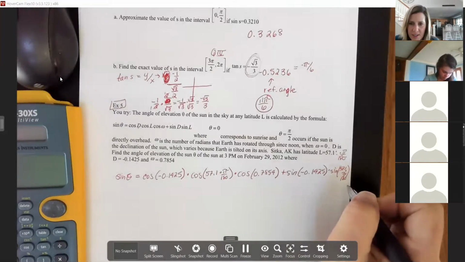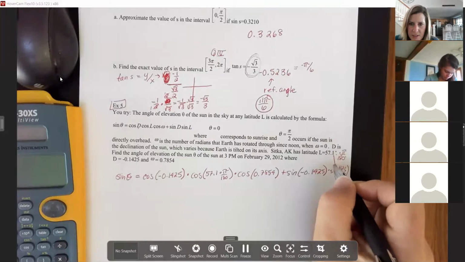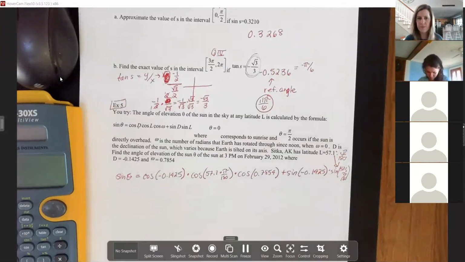Kind of squeeze that in there. Does that make sense? So it's really just plugging it in.